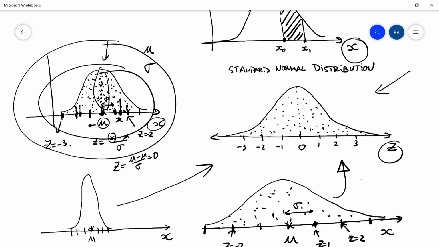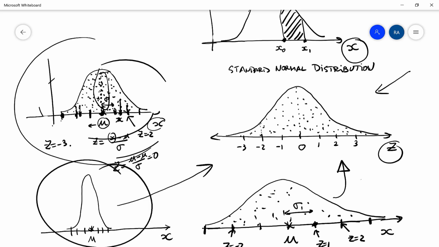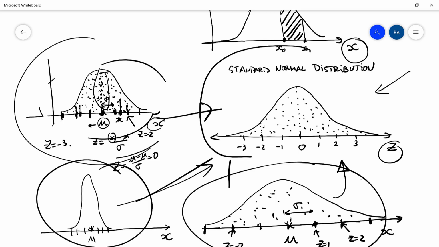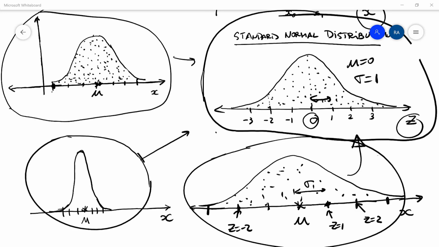occurs for this distribution. Then we can transform any normal distribution into the standard normal distribution. In this distribution, the mean is 0 and the standard deviation is equal to 1. All of these scores fulfill the empirical rule, which states the area within one standard deviation represents 68% of the total area.